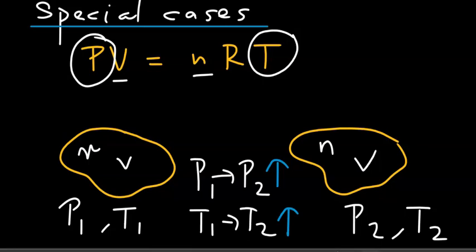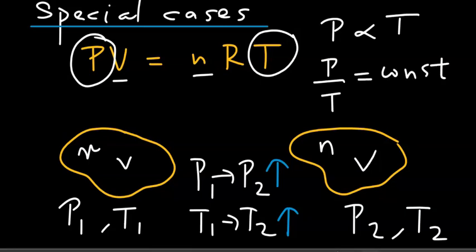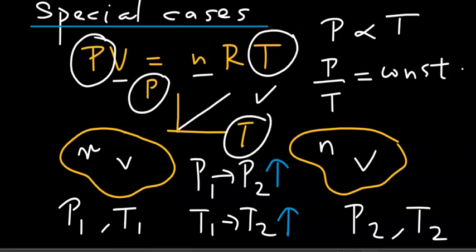So this relationship can be written in the following manner. P is proportional to the temperature T, or the ratio P over T is a constant. And if we were to graph this relationship, we will end up with a straight line signifying the linear relationship between pressure and temperature, when all the other variables, such as the volume and the number of moles of the gas sample, are held constant.